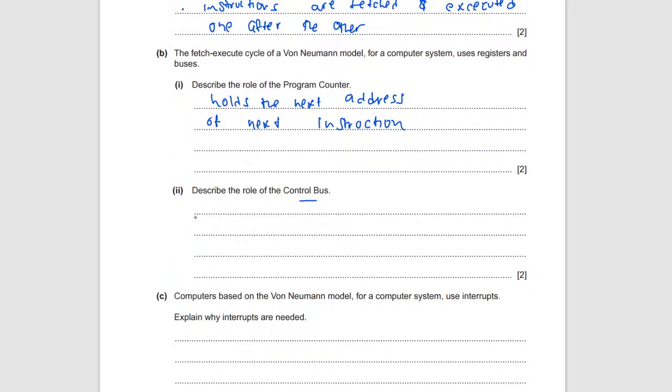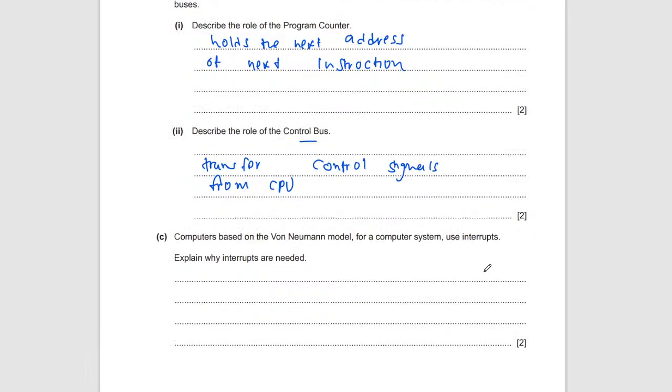The control bus is used to transfer control signals, while the data bus transfers data signals and the address bus transfers the address. And this is done from the CPU. Actually, you can just write from the CPU. The control bus is located in the CPU in the von Neumann architecture.